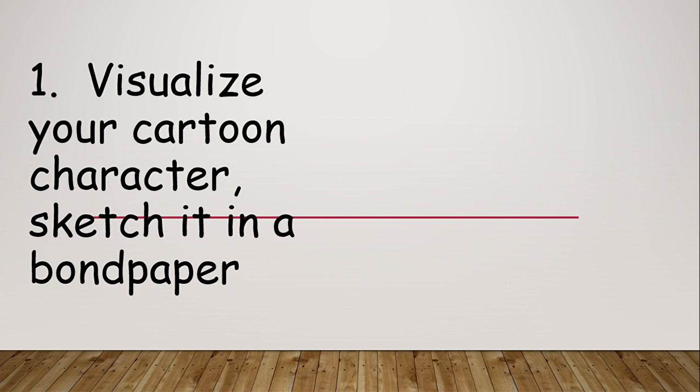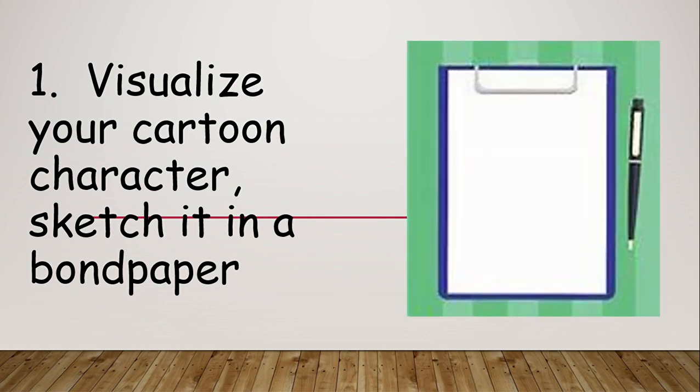So again, for number one, we need to visualize our cartoon character. Kung ano po ang gusto nating i-drawing, kailangan na pagplanuhan na natin para nakita na natin kung ito ba ay isang magiging magandang cartoon character. And we need also to prepare our materials. We have here the sketchboard, bond paper, and the pencil. So I hope that is clear.